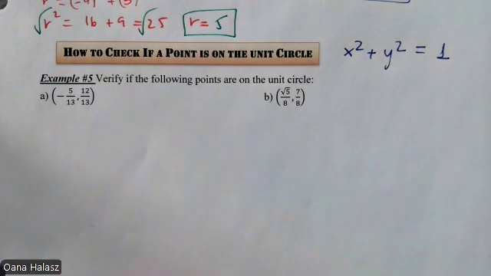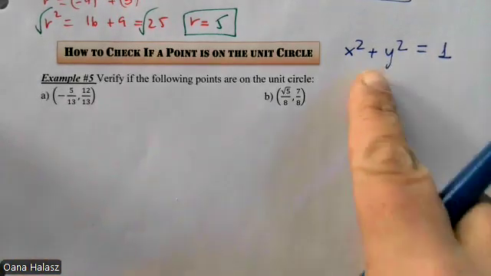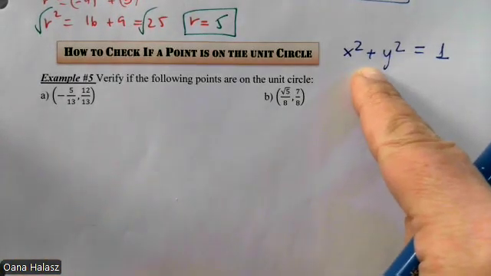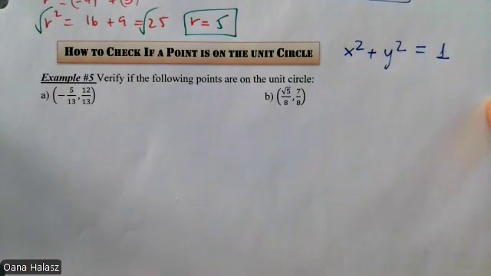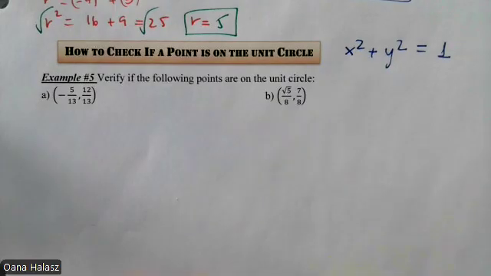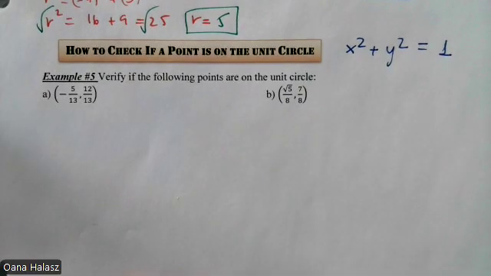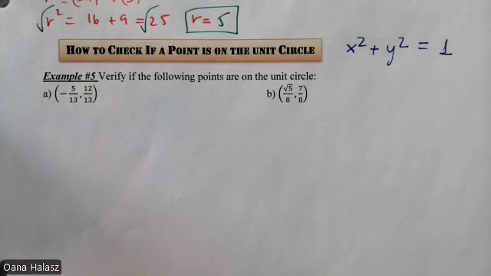The radius has to equal 1. So if I take a given point and test it against this formula, the left-hand side calculation should give me the right-hand side equaling 1. Otherwise, if it doesn't equal 1, then it's not on the unit circle. If it does equal 1, then it is on the unit circle.